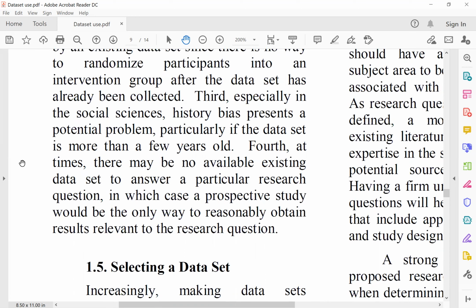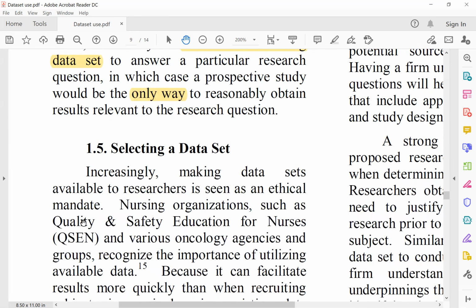Fourth, at times there may be no available existing dataset to answer a particular research question, in which case a prospective study would be the only way to reasonably obtain results relevant to the research question.